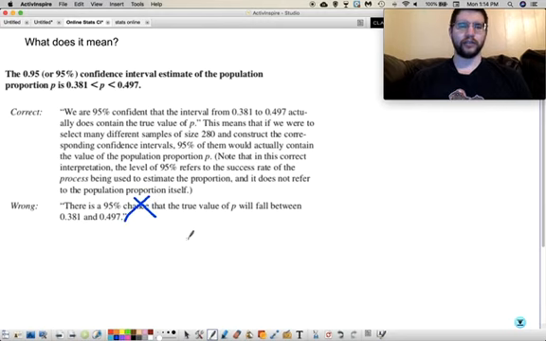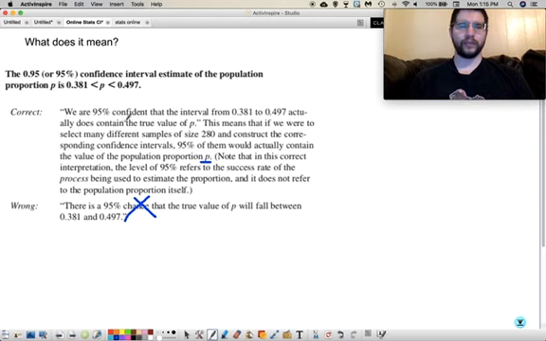That's not what the interval means. What it means is that 95% of the time, if we have the same size samples that we're looking at, 95% of those samples, however many we have made, would actually contain the value for the population proportion. So it doesn't say that it's a 95% chance that you're going to have P in here.